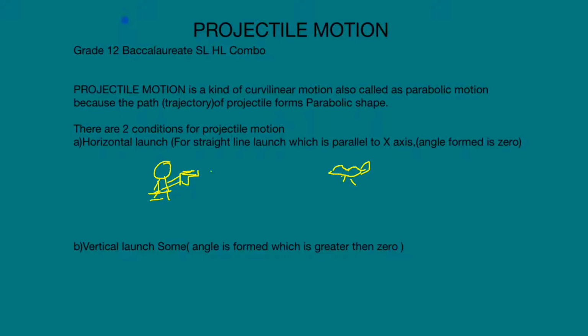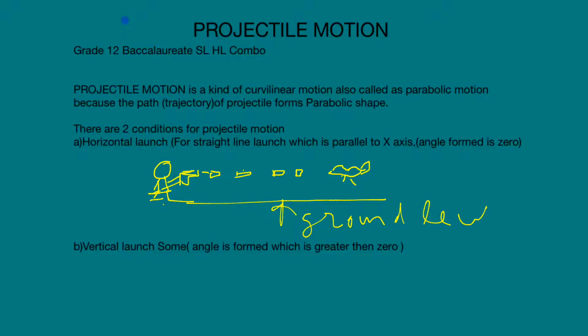So here he is shooting like this. You can see this is parallel. All these bullets are going parallel to the ground level. This is ground level, and these bullets are going parallel, not forming any angle.